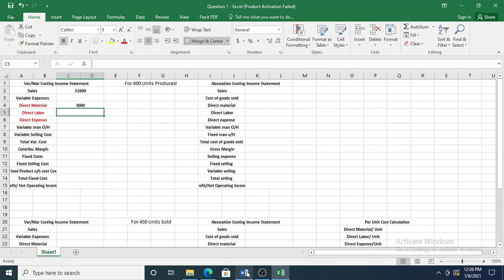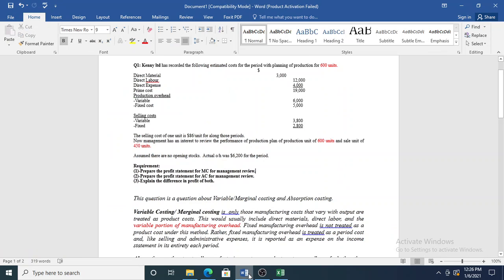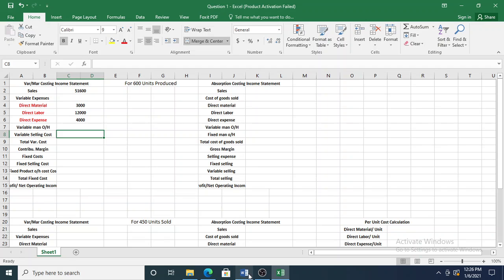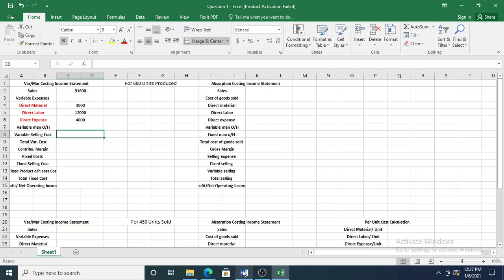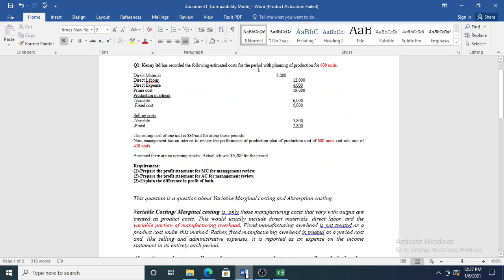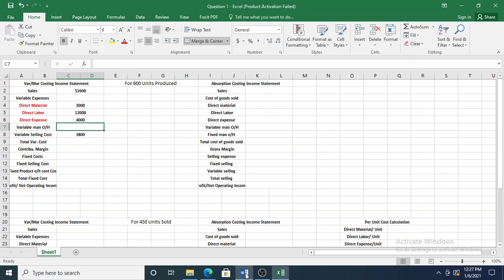Direct labor is 12,000. Direct expense is 4,000. Let me check that. Yes. Variable selling cost is 2,800. Variable manufacturing overhead is 6,000.